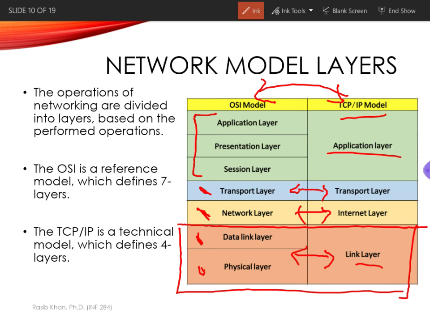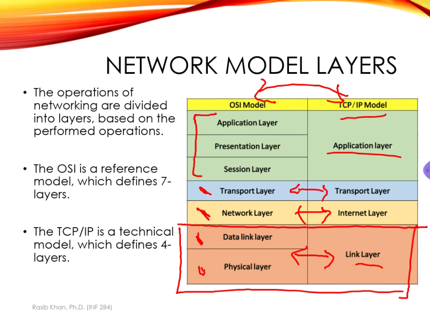So that is the main reason why we need to understand the concept of network layers. This will be covered very much in details in the upcoming chapters, but this is just a very basic overview understanding of what network layers are.